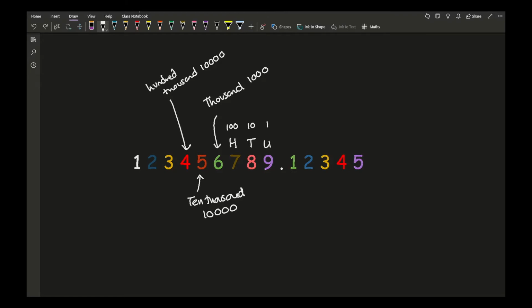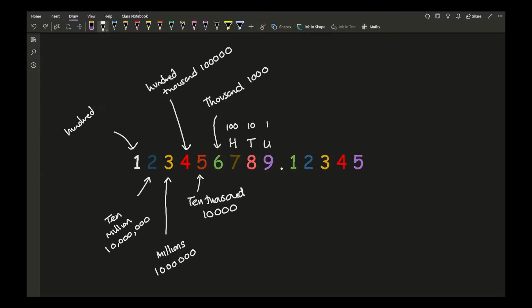And then the 3 represents millions, which has got 6 zeros. Then we've got 10 million, which has got 7 zeros. And then finally for the number 1 we've got 100 million.